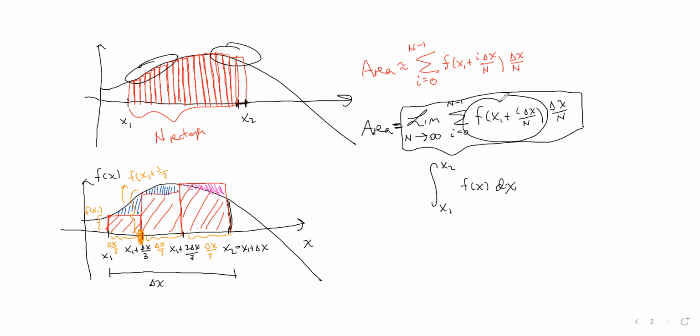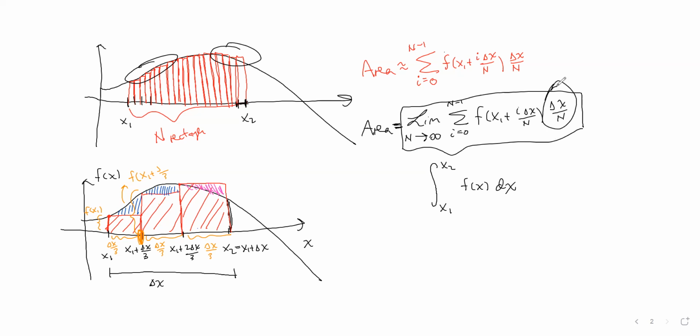We're no longer evaluating the function at a discrete finite number of places, like the left boundary of each rectangle. We're now evaluating the function at every x-coordinate because there's a thin little rectangle that lives at every x-coordinate. Also, delta x over n, remember that represents 1/nth the interval between x1 and x2.